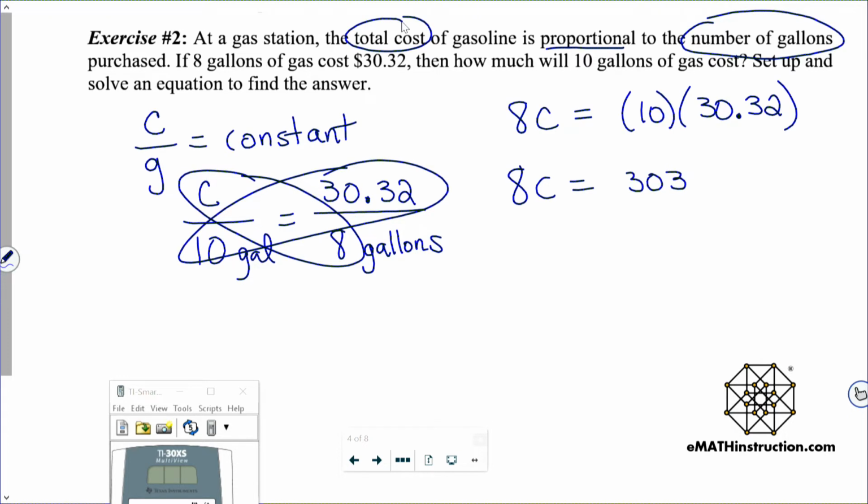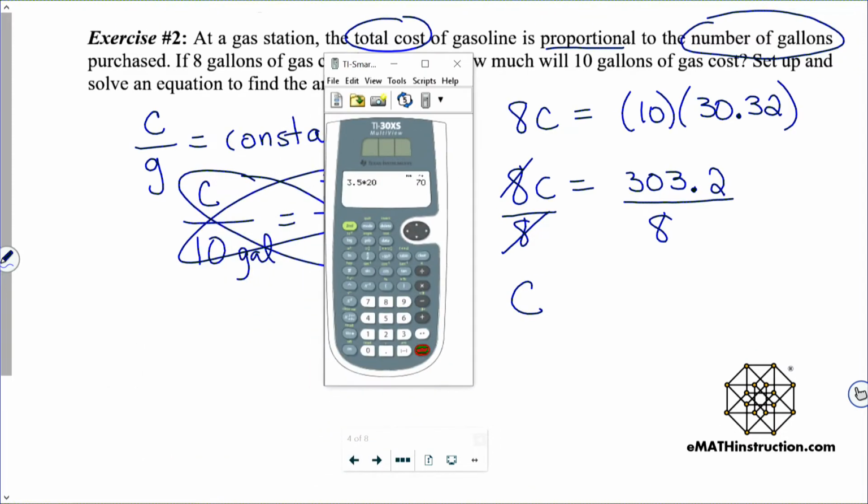That would just move the decimal place 1 unit to the right. And now I think I might end up using my calculator to divide both sides by 8. We'll find that the total cost is 303.2 divided by 8. And we find that it'll cost $37.90.